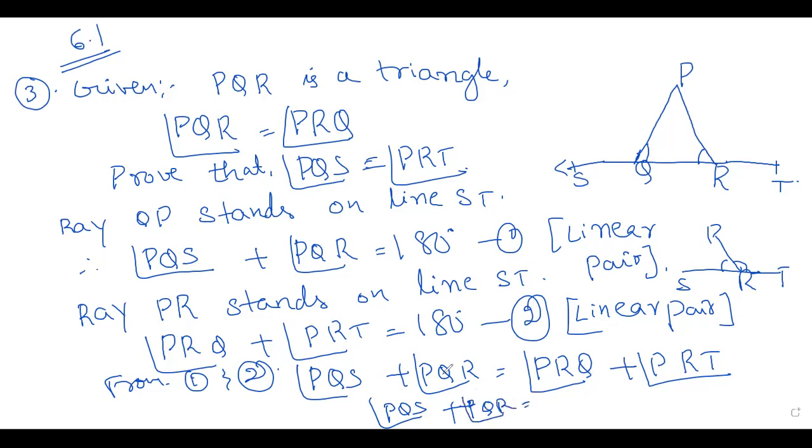Write as it is. And Q is equal to R. In place of PRQ, children, I will write PQR. In place of this, I am writing Q. Angle R place, I am writing Q. Plus angle PRT. See, PQR gets cancelled. Then you can write PQS is equal to PRT.